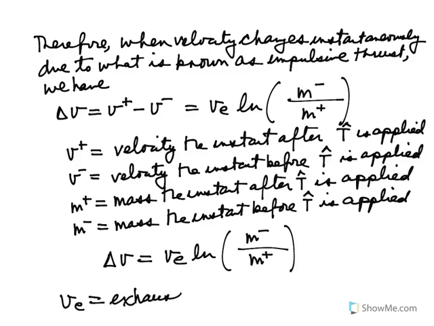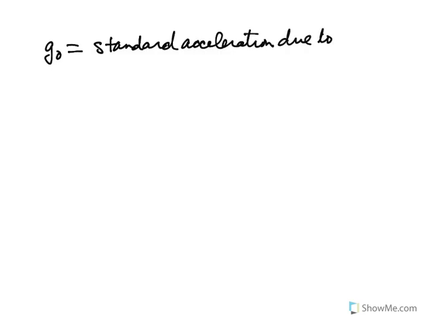which is now what's known as the exhaust speed, because it's a scalar, is actually defined to be g0 times Isp, where g0 is what's known as the standard acceleration due to gravity, and it has the numeric value of exactly 9.80665 meters per second squared.